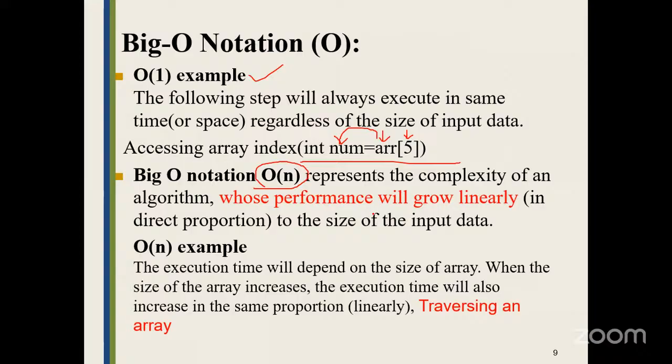In simple terms, when you increase the input size of a particular algorithm, that algorithm takes more time. If you decrease the size of the input data, it takes less time. If you observe that type of scenario in your algorithm, the complexity of your algorithm can be represented as order of n.